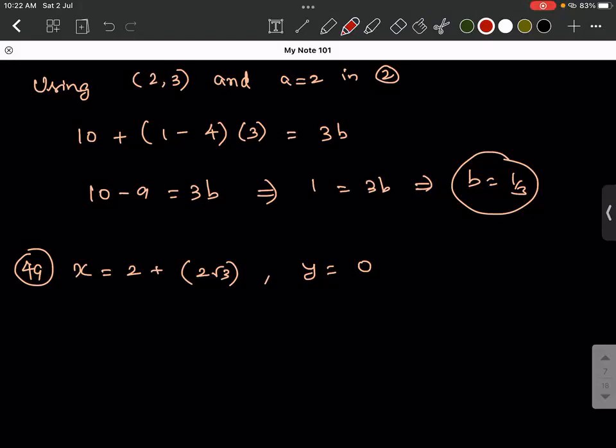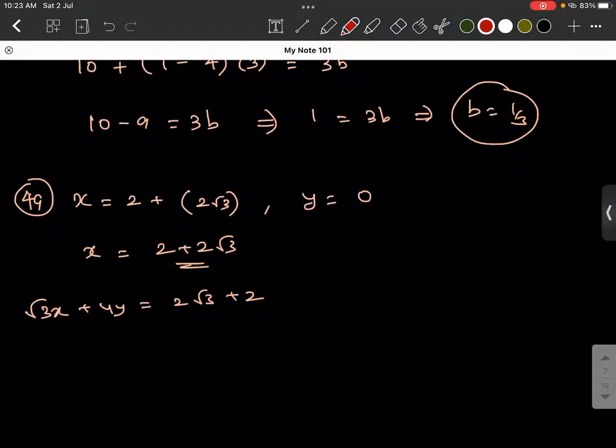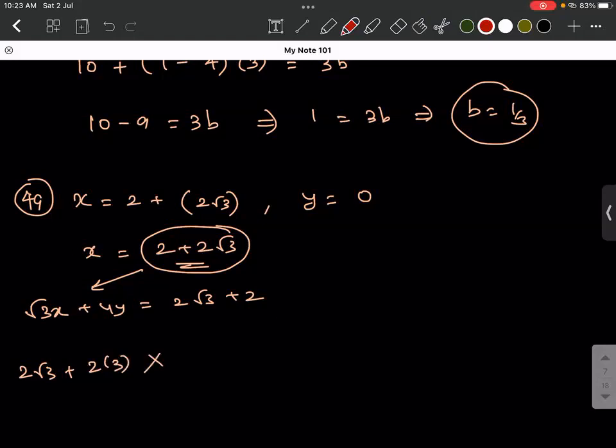So what are the equations? So in the place of x, you need to substitute. So in the place of x, you need to substitute this. Y is already 0. So 2 root 3 plus 2 into 3. This is not the solution.